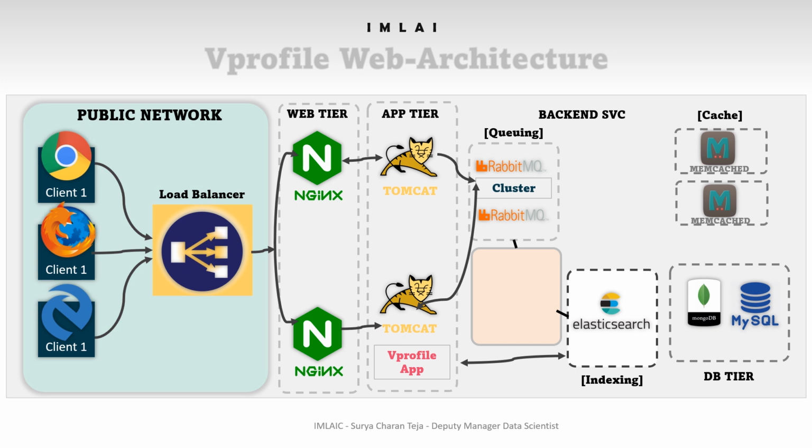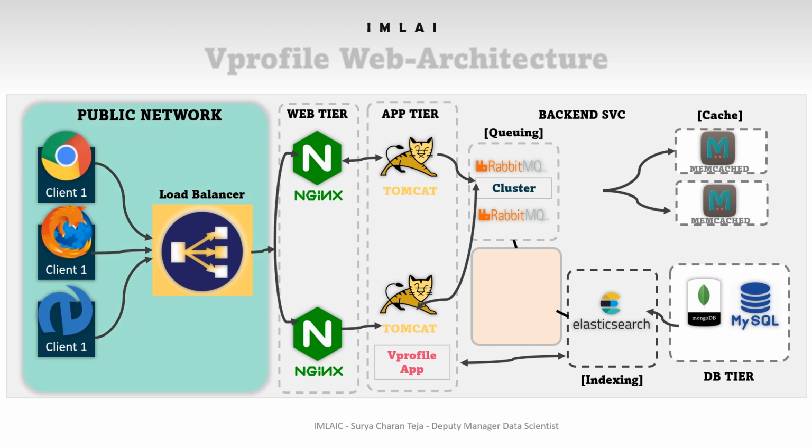Then after Elasticsearch indexing, we have Memcache. In between we have the databases, MySQL and MongoDB, but we'll go for Memcache first. Memcached is an easy to use, high performance in-memory data store.